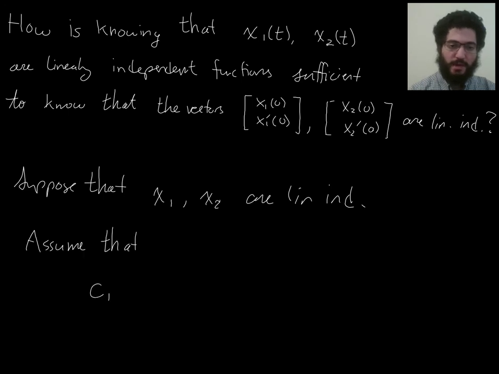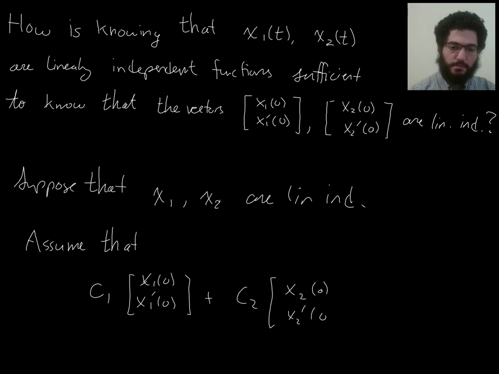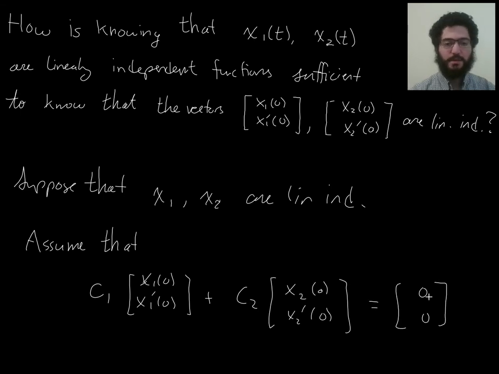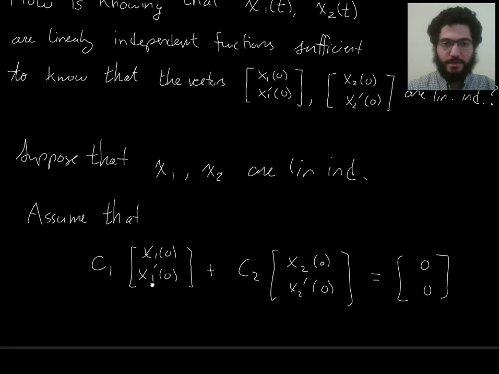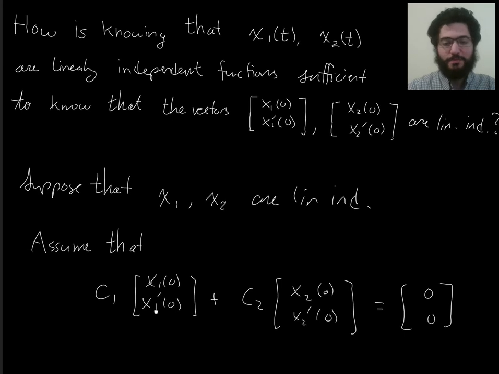So assume that you have a linear combination and it ended up being 0. So let's assume that this ended up being the 0 vector. Then our goal is to prove that C1 and C2, the coefficients here, must therefore be 0.